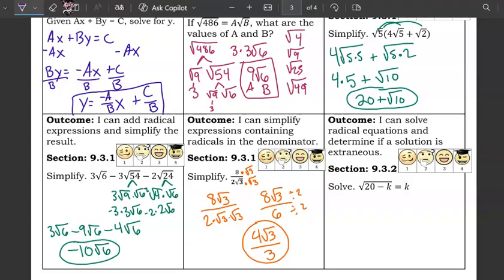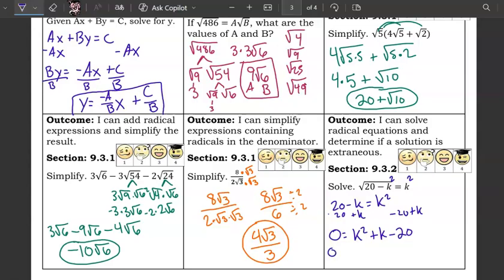Outcome: I can solve radical equations and determine if a solution is extraneous. Solve. Square root of 20 minus k equals k. Alright, so from here we're going to square each side to get 20 minus k equals k squared. Let's move everything to one side of the equation. 0 equals k squared plus k minus 20.